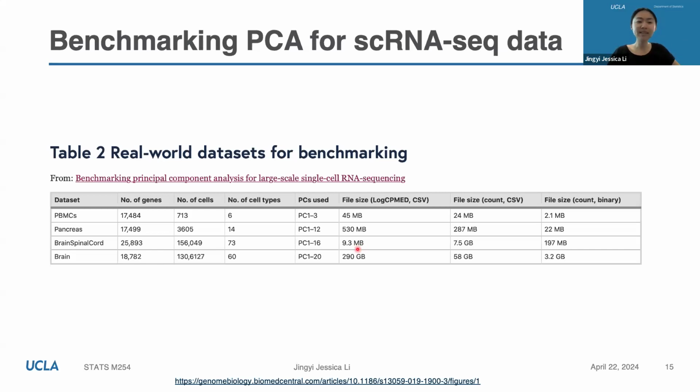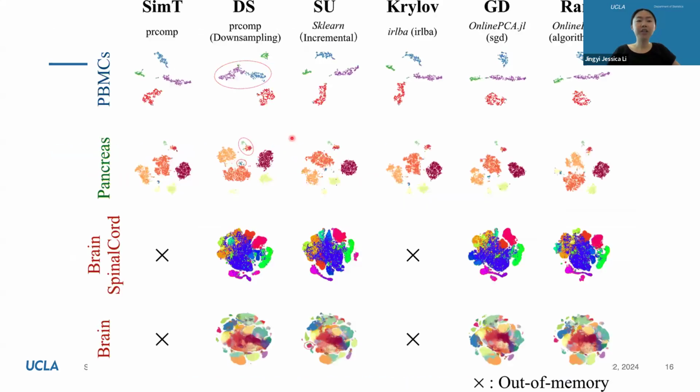Yeah. Thank you. So for these 4 data sets, they compare different PCA implementations and algorithms, and for the 2 large data sets, the standard PCA and this IRLBA PCA couldn't run on them.